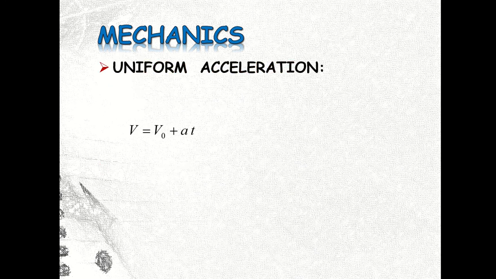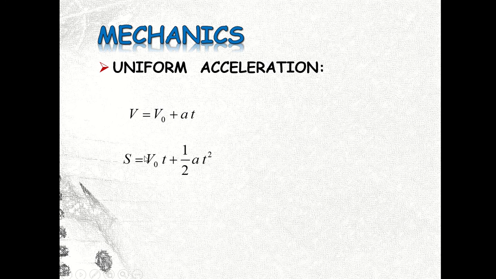Now for uniform acceleration, we have the following formulas. I will give you the formulas and later on I will show you how they are derived. We have v, the velocity, equal to the initial velocity v0 plus acceleration times time: v = v0 + at. This is usually called the final velocity. For the displacement, we have this formula.